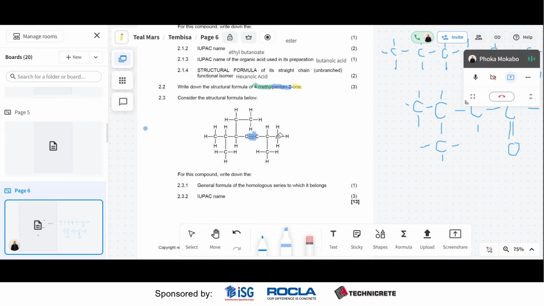It might not necessarily be the longest chain that you can get. Let's have a look: 1, 2, 3, 4, 5, 6, 7 over there as well. 1, 2, 3, 4, 5, 6, 7 that way as well.